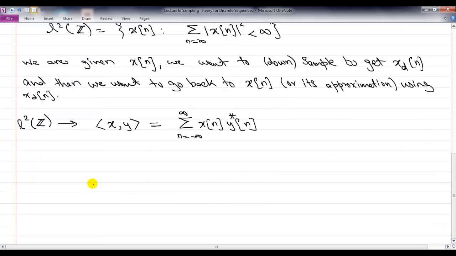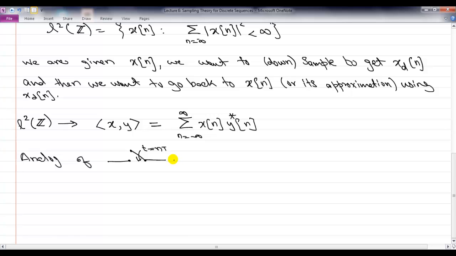But we also have to define other analogs of the operations that we have done in continuous time. So in continuous time, we had the notion of sampling, which was better defined. We said we get a continuous time signal and we take its samples every T seconds.